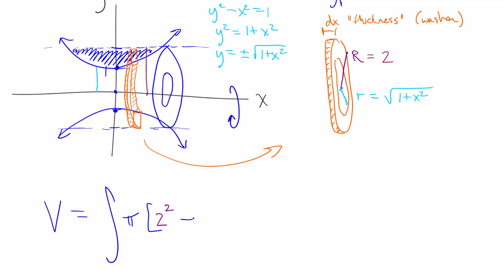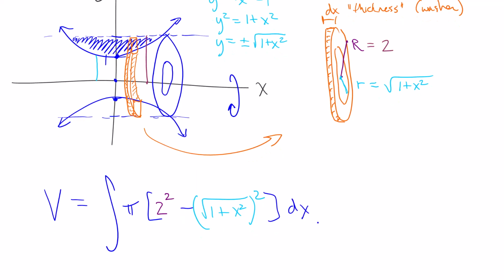And then minus the smaller radius squared. We already said that was the square root of 1 plus x squared, and that's where the squaring's happening, which means it doesn't matter whether we use the plus or the minus. And it's all of this times the thickness, which we've already said is a dx thickness.